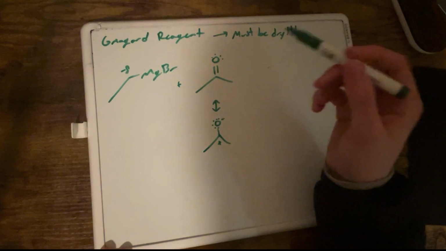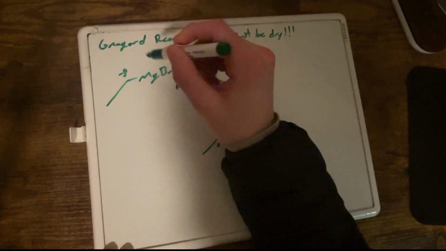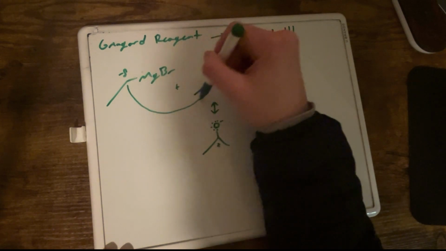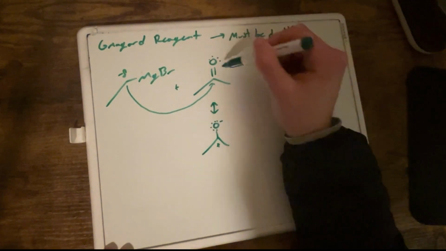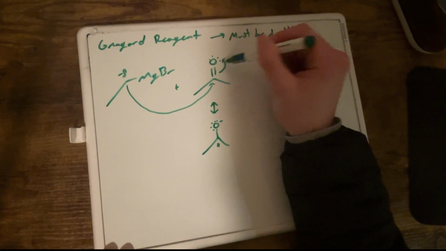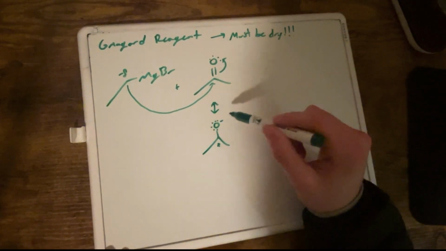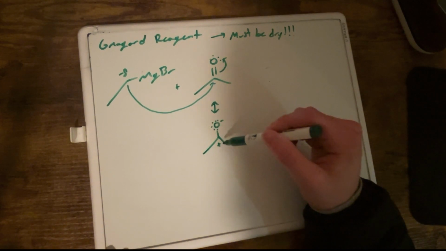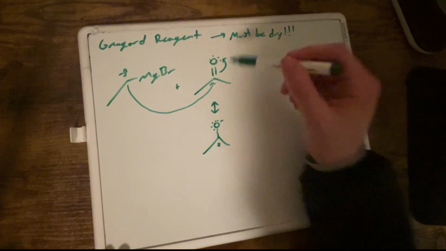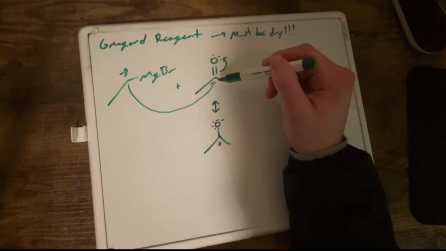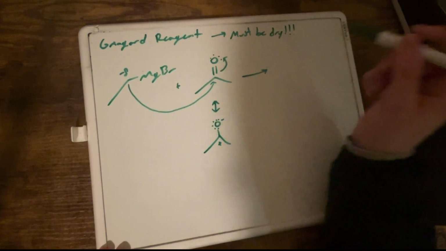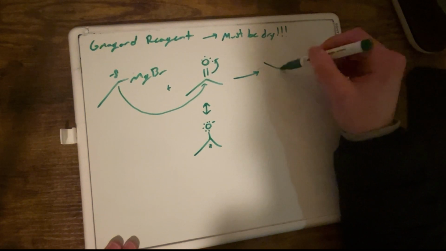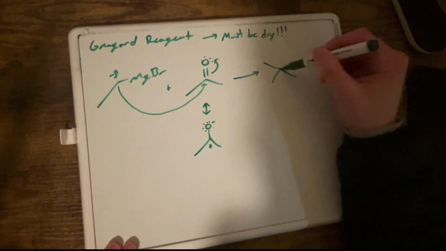So essentially what happens is this negative carbon is going to attack this ketone, and these electrons are going to go to the oxygen because, again, in this resonance structure this carbon is partially positively charged. So this negative is going to attack this positive, and it will produce something similar to this.